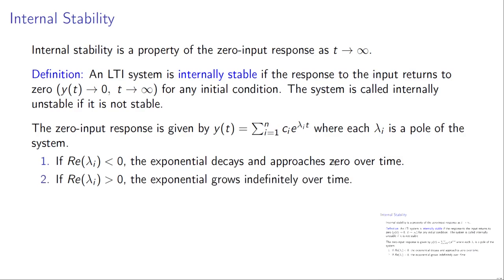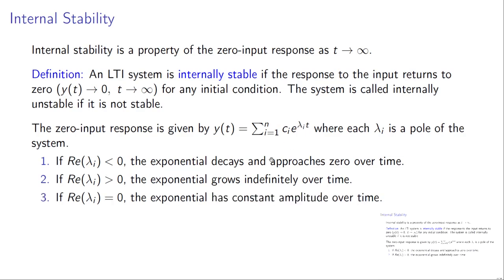If the real part is greater than zero, the exponential grows indefinitely over time. And if the real part is equal to zero, the exponential has constant amplitude over time, because exponential of 0 will be 1, so you have this constant value here.